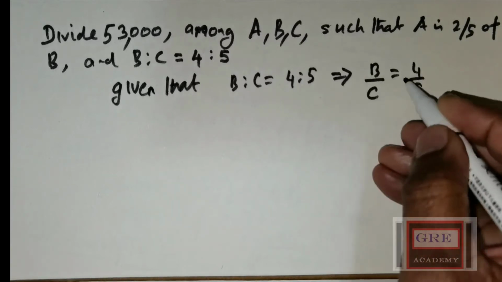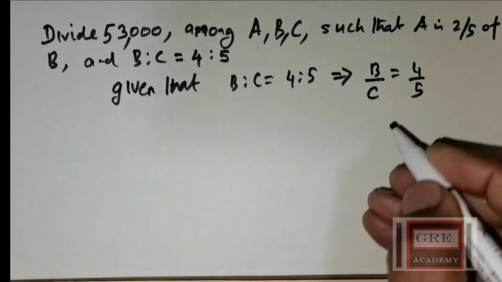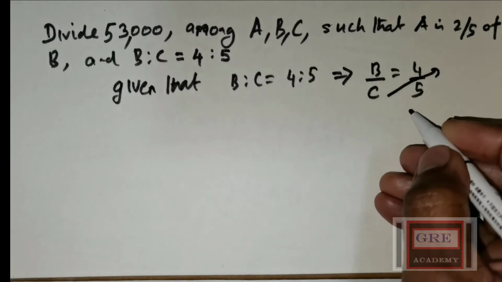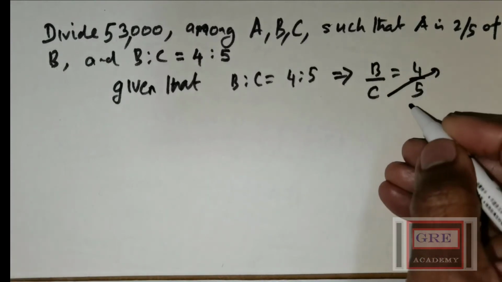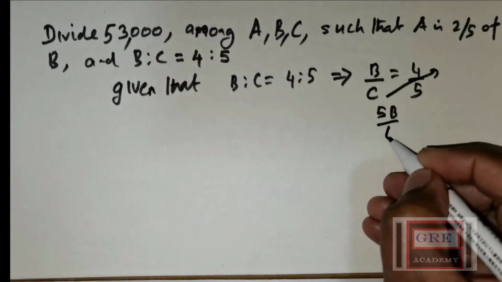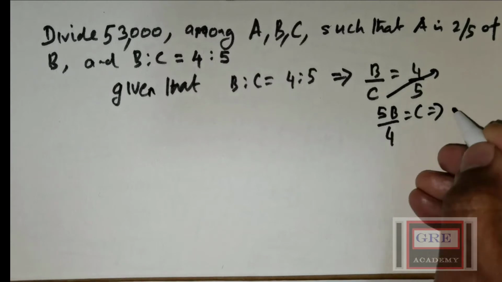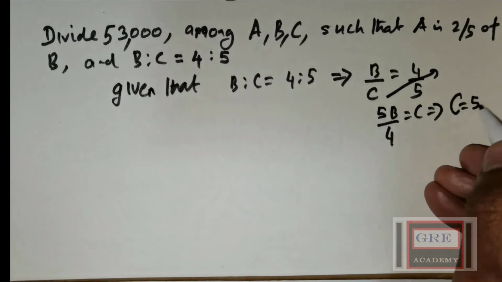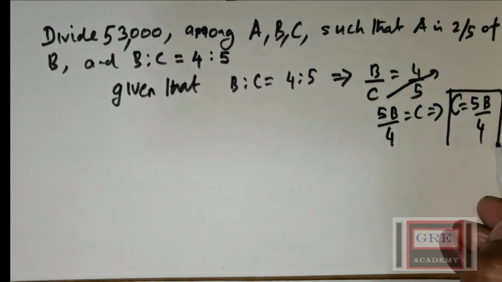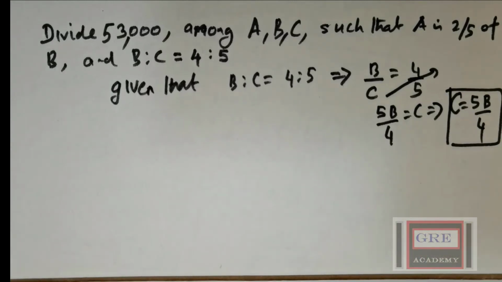Now if I were to represent it for B, then I can move C to the right side. So I would have 5 times B divided by 4 is equal to C, which means the value of C is going to be 5B divided by 4. So that is an important point.